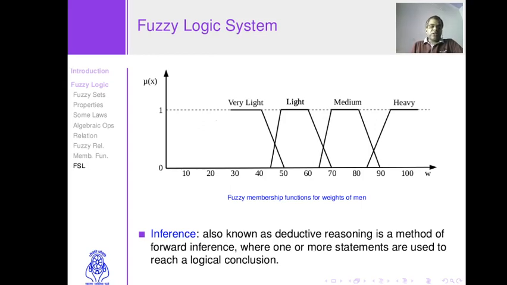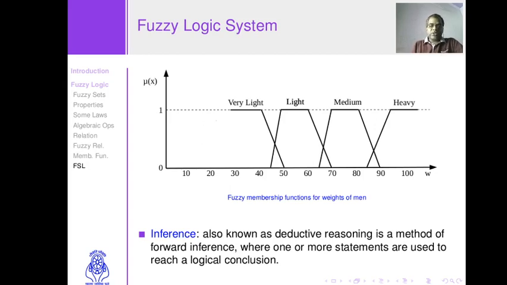One statement: all the students in this class are male. Second statement: X is a student of this class. So by using forward reasoning, or deductive reasoning, or inference, whatever you say, we can say that X is a male, and we say it with full assurance, because this is the logical conclusion.